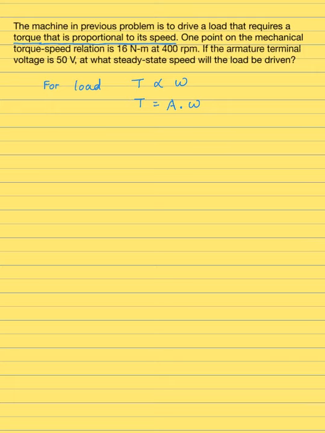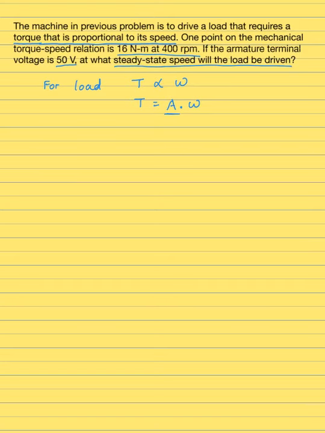One point on the mechanical torque speed relation is 16 Newton meters at 400 RPM. So one of the points is given. We can use that point to give us this proportionality constant. If the armature terminal voltage, that's again VA, is given as 50 volts, at what steady state speed will the load be driven under these conditions?